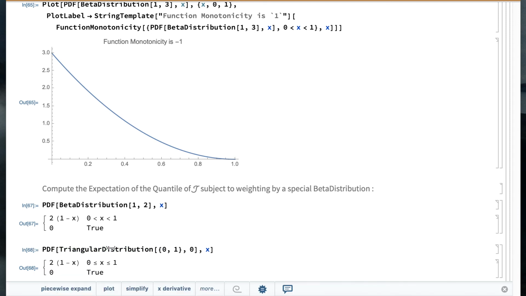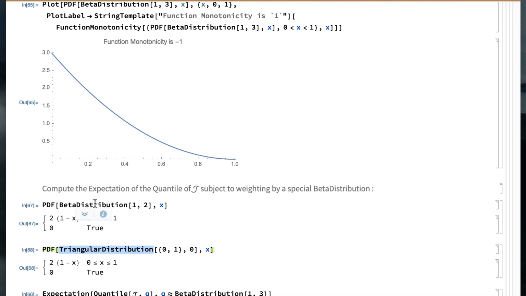And you'll see they're the same thing. That is, this particular member of the triangular distribution family happens to have the same PDF as a particular beta distribution. And in fact, you can kind of think of this triangular distribution as being a special case of the beta distribution. Okay?